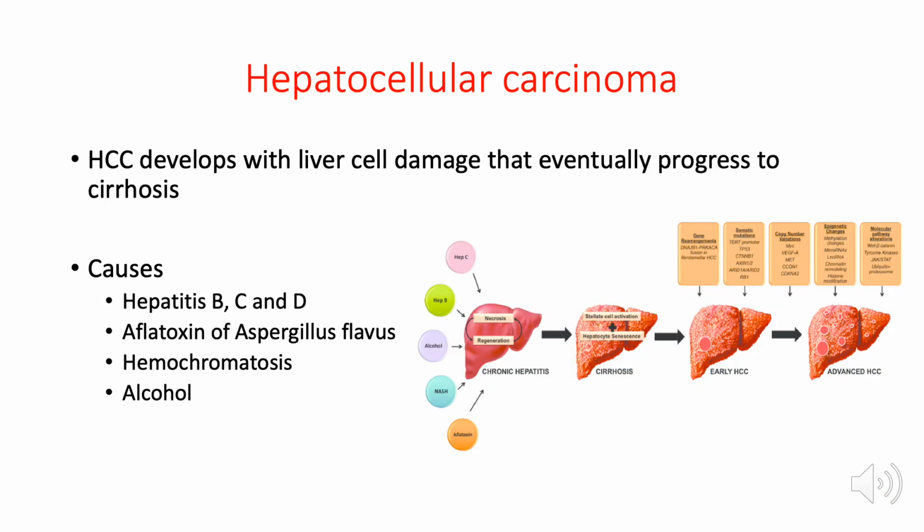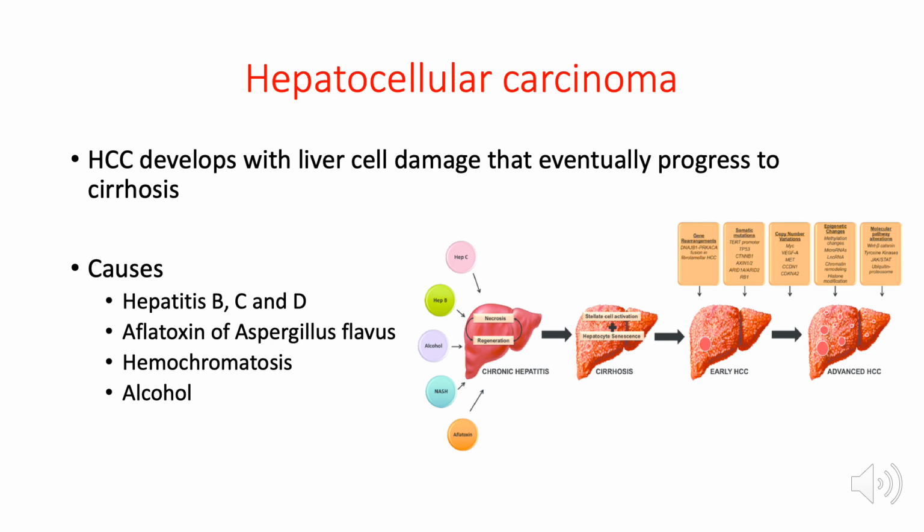The malignant tumor of the liver is called the hepatocellular carcinoma. This is caused by liver cell damage. And if the liver cell damage becomes chronic, then you expect that the liver will develop cirrhosis. And if not treated immediately, then that cirrhosis will eventually progress to hepatocellular carcinoma.